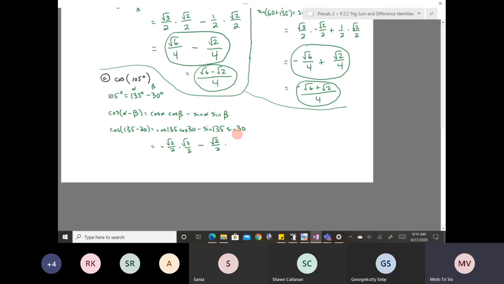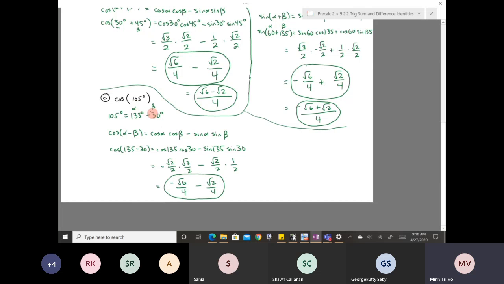And sine 30 is 1/2. So I get minus square root of 6 over 4 minus square root of 2 over 4. So that's what we get.